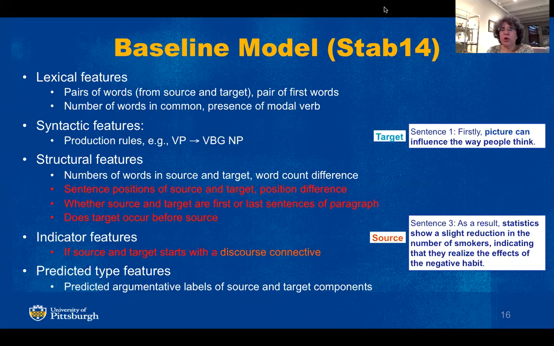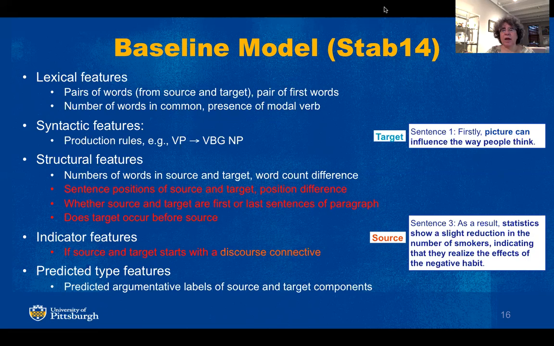Most of the features are extracted from only the target and source and ignore the rest of the sentences in the essay. The only type of discourse information that we see is positional information, so it doesn't look at the actual text of the other sentences, but it can look at the location, sort of the index number, of the sentences that correspond to the target and source.